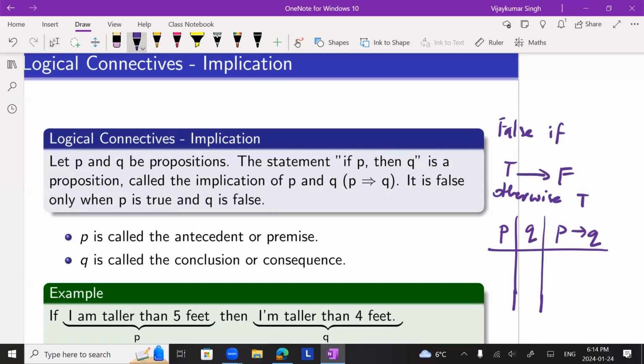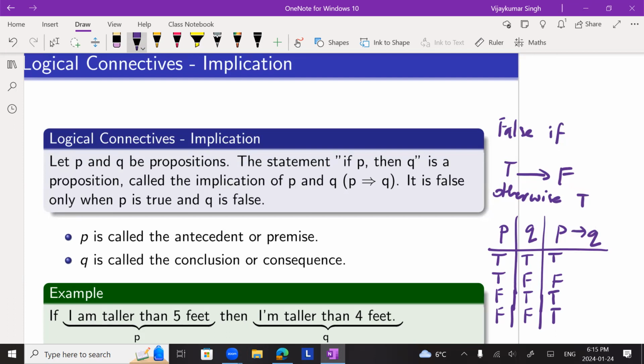Let me just do true and false this time. True, true, false, false. Then I have true, false, true, false. And we said that if true implies false, then it's false. Otherwise, it's always true.